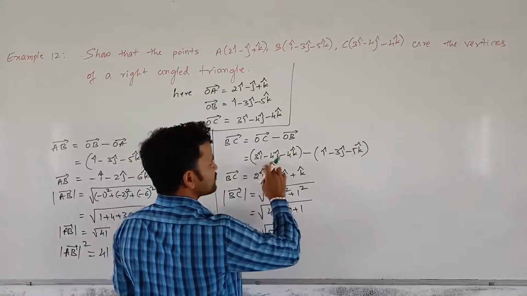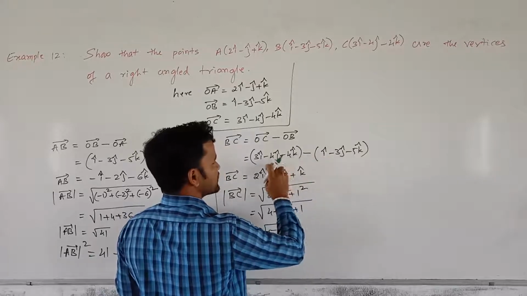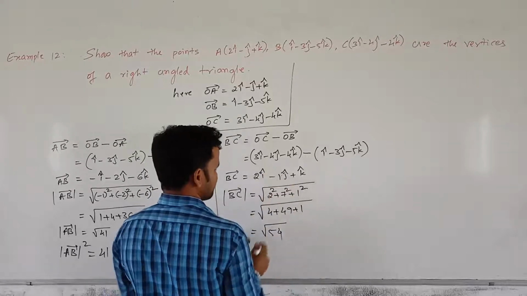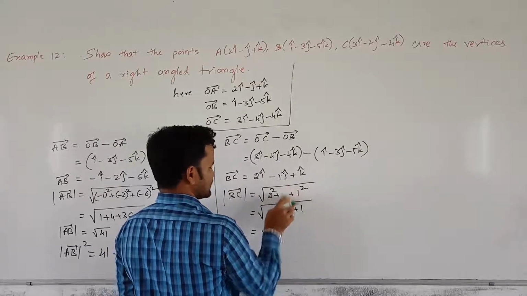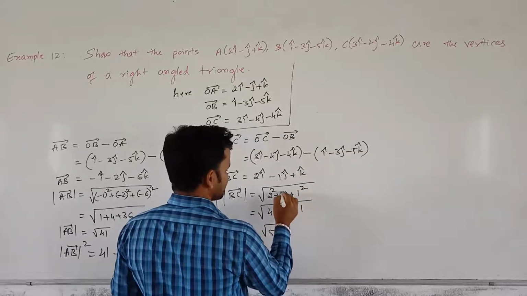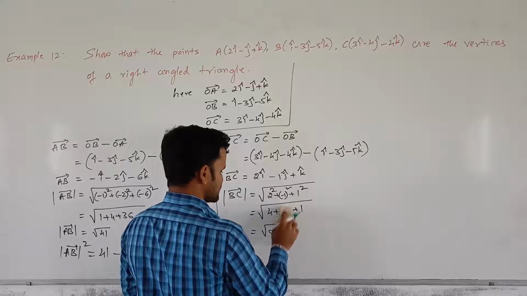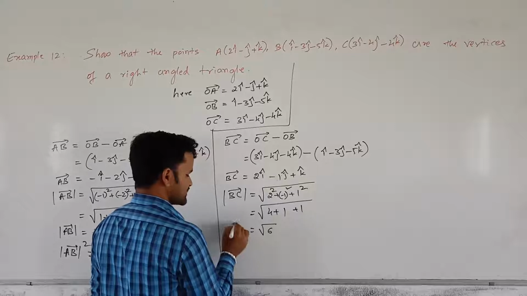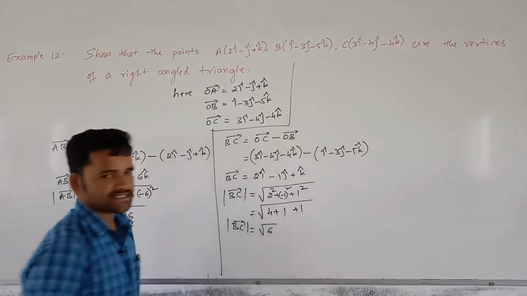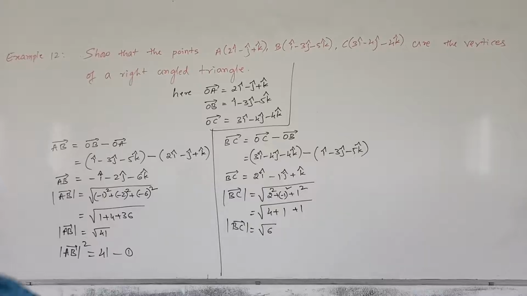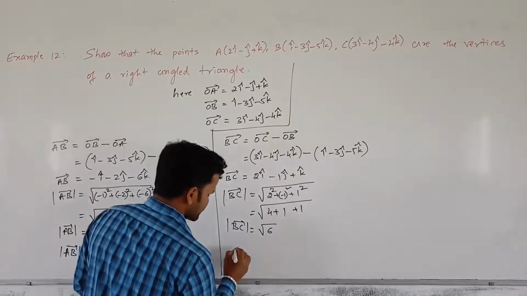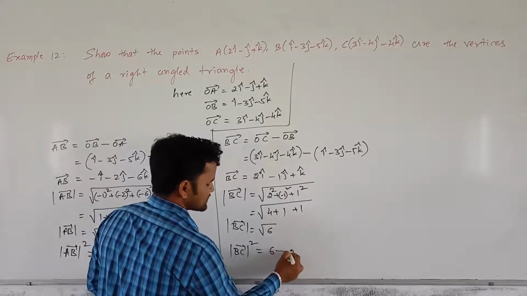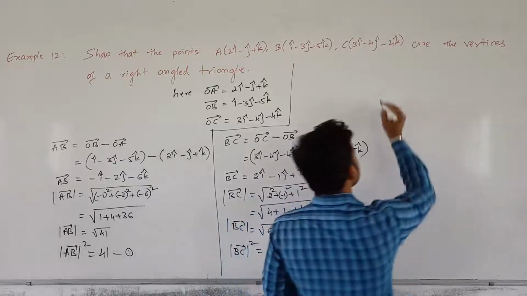This is minus 4j, minus minus 3j, which is minus 1j. Minus 1 square is plus 1. How much is this? The square root of 6. Magnitude of vector BC is the square root of 6. We want the square of the side, so squaring on both sides, BC square is equal to 6. Let us name this as 2.